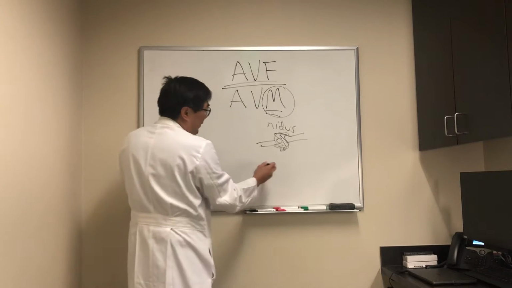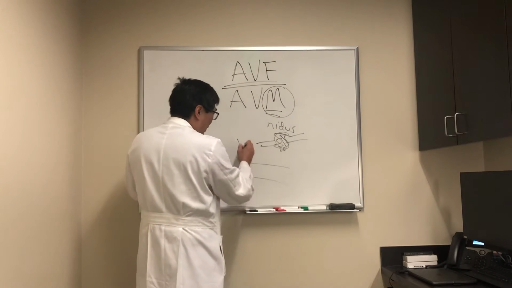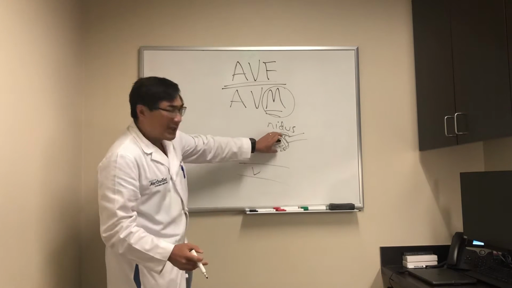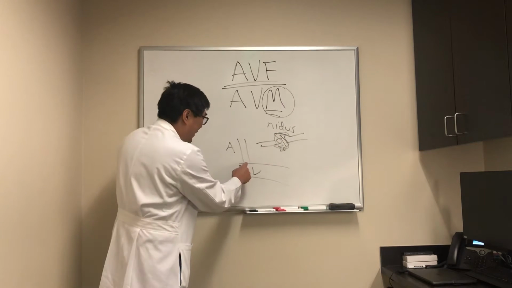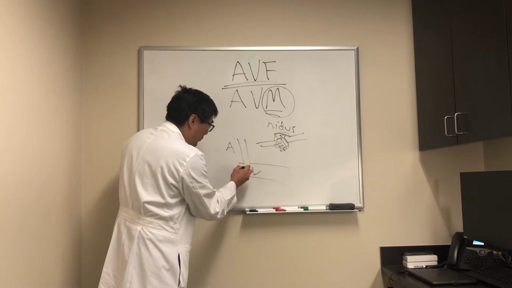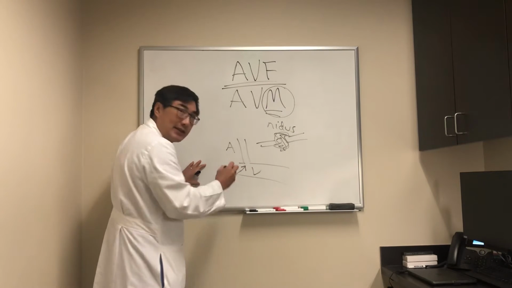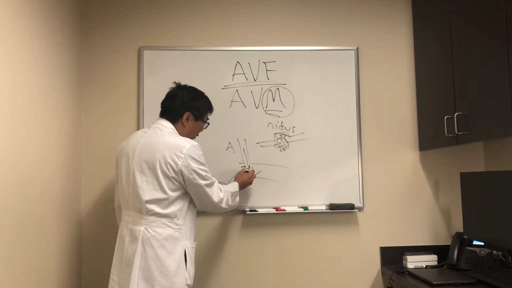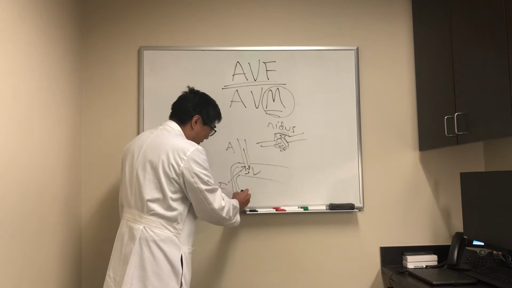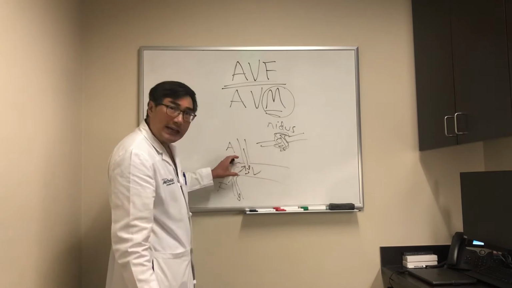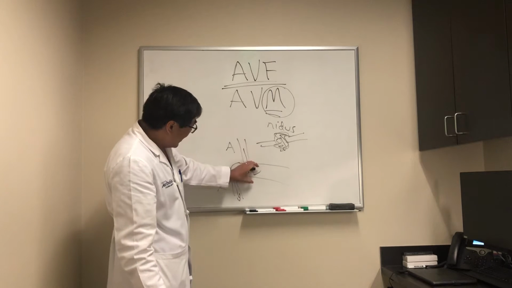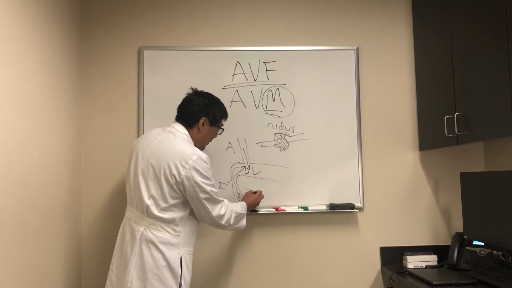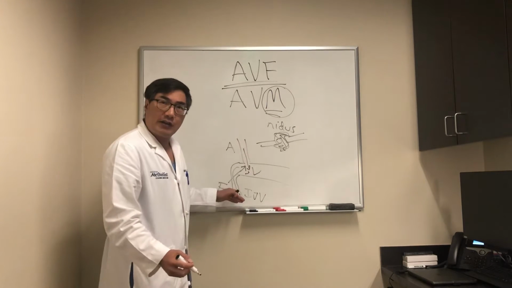So fistula is artery to vein as well, but it really doesn't have this nidus thing. It's just an abnormal connection, and that abnormal connection is the fistula, the F part. If the artery is talking to the vein, but we're going in the correct direction back to the heart, for example, in the venous sinus system, artery to dural venous sinus, back down the jugular, back to the heart, this type of fistula is an anterograde fistula.